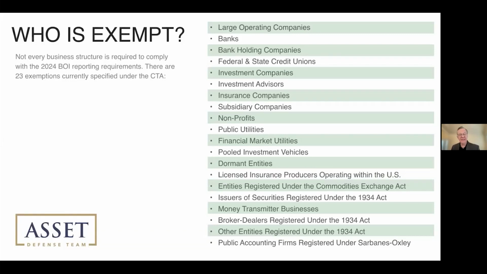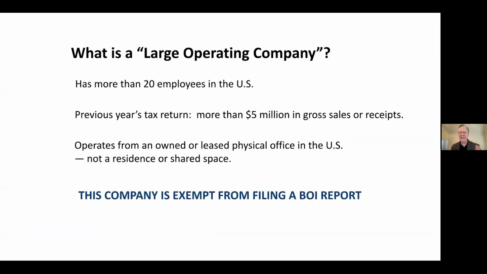Now, there is a list of 23 exemptions, and there are, of course, mind-numbing definitions of what every one of these are. And just to give you an example of what is, in their view, a large operating company, here's a stripped down definition, if you will. It's a company that has 20 or more employees in the U.S. Now, if you've got a bunch of employees in the Philippines or offshore somewhere, it doesn't count. You don't qualify.